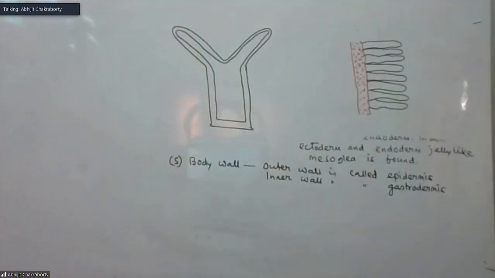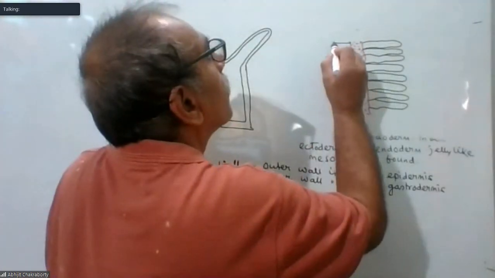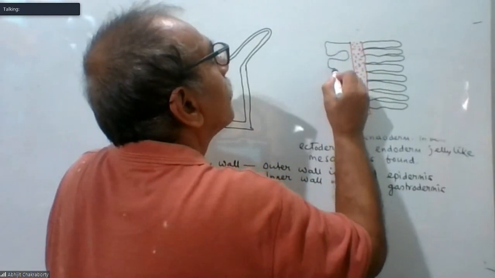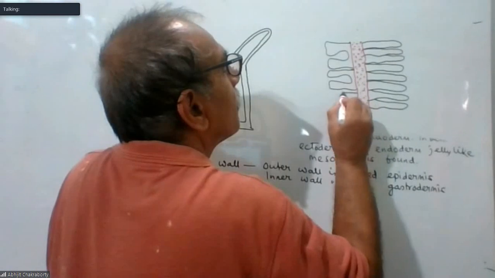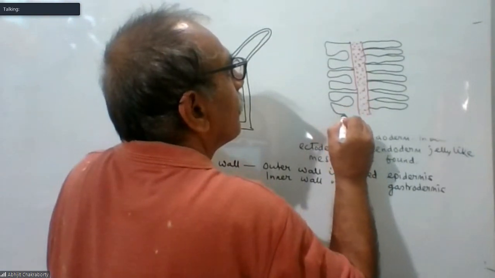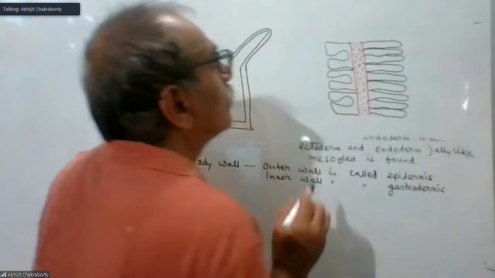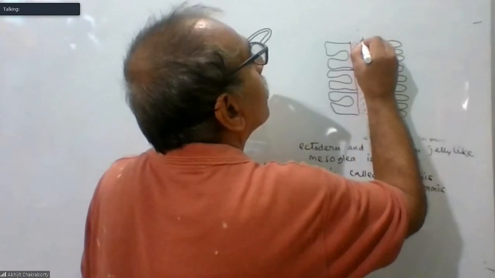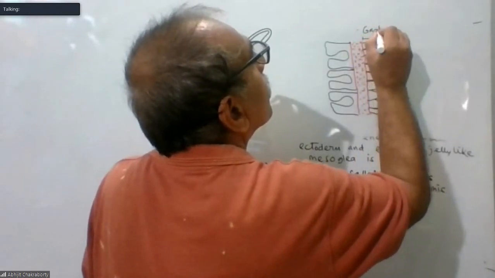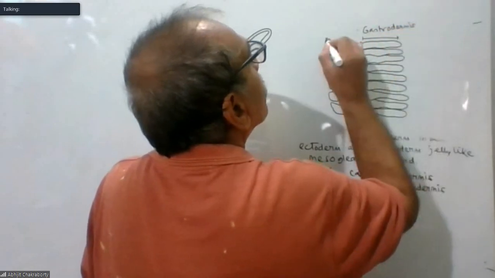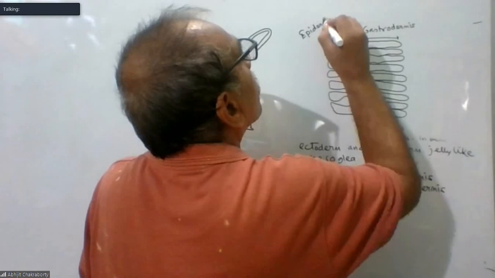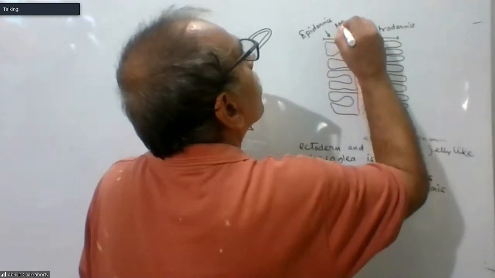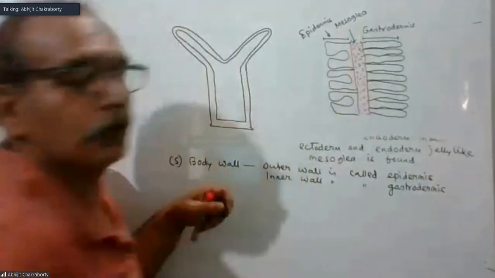This is one layer and this is the other layer. Look, this is the mesoglia.